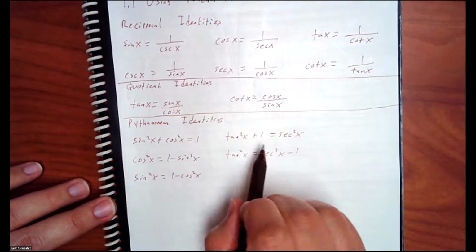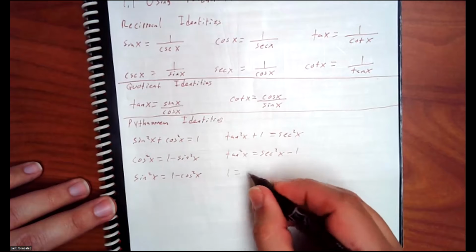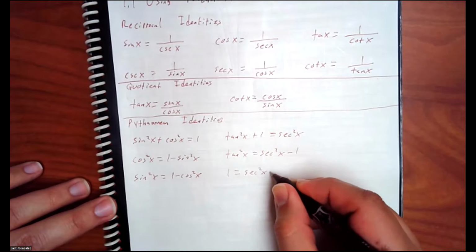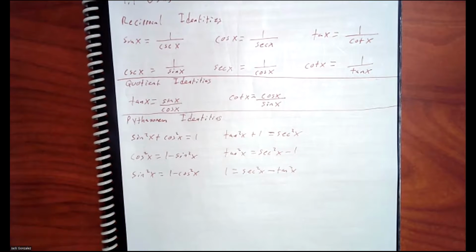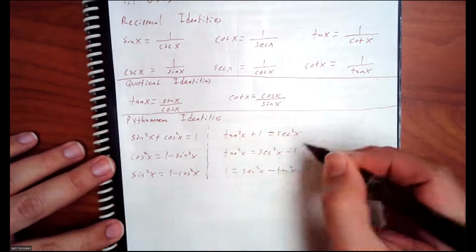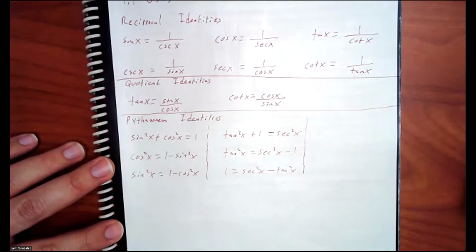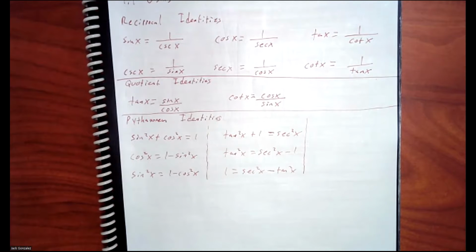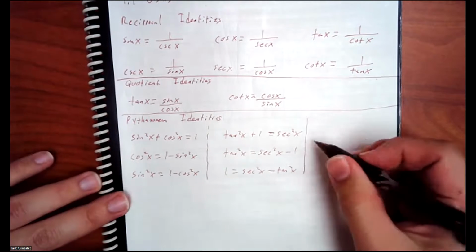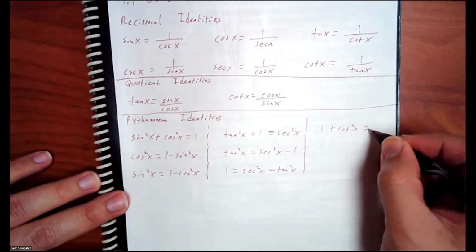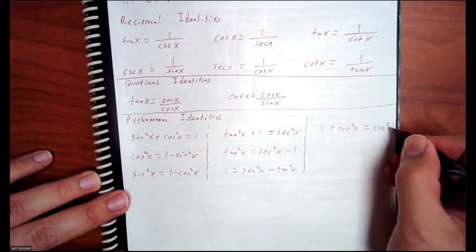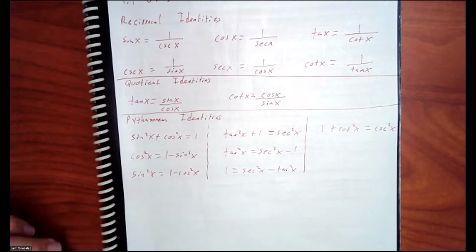If I subtract the tangent over, I get another one. Now, if I divide everything by sine, we get 1 plus cotangent equal to cosecant. Just subtract each piece and you'll make 2 more.